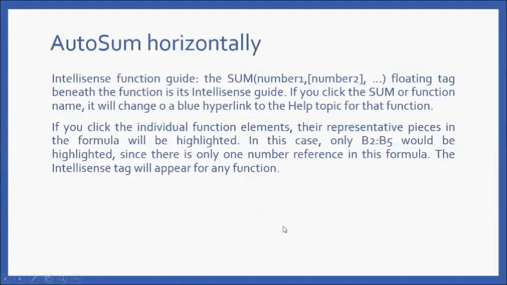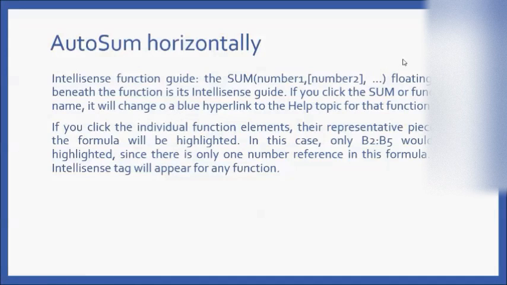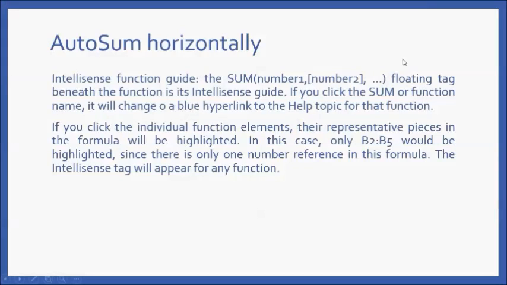So, the IntelliSense function guide. The SUM(number1, number2, ...) floating tag beneath the function is its IntelliSense guide. If you click the SUM function name, it will change to a blue hyperlink to the help topic for that function.